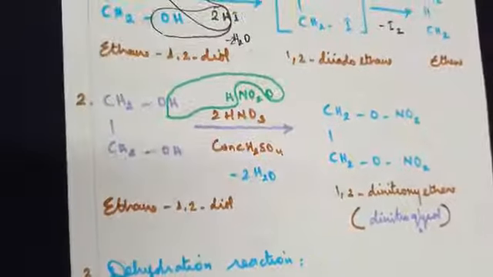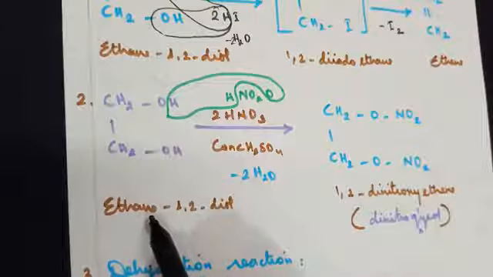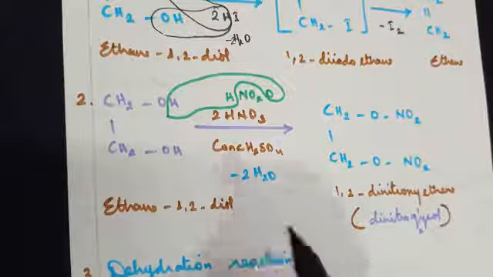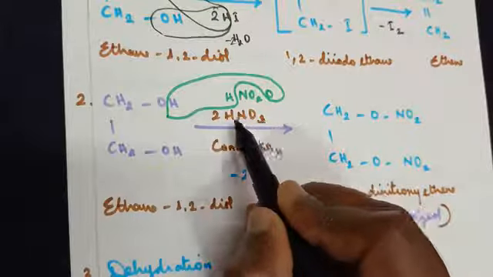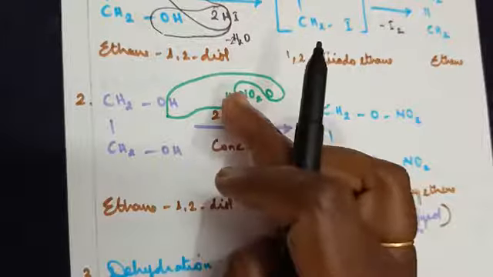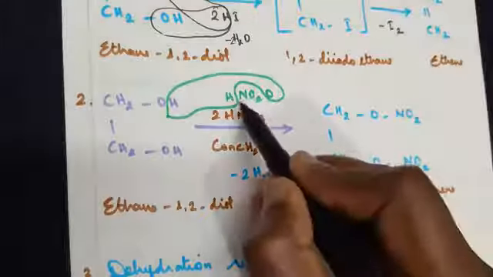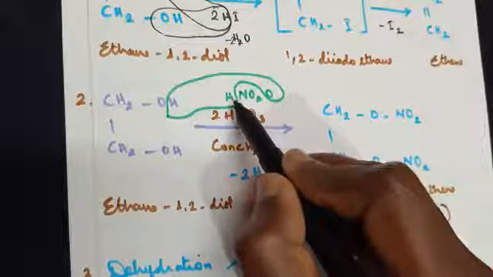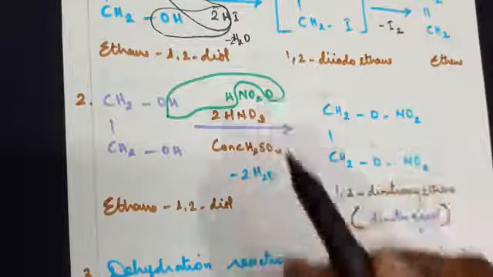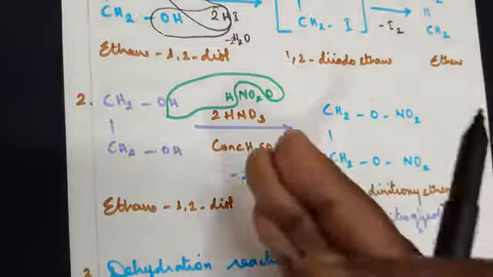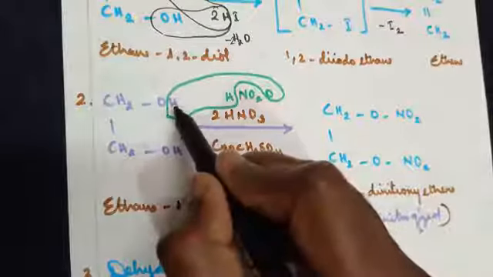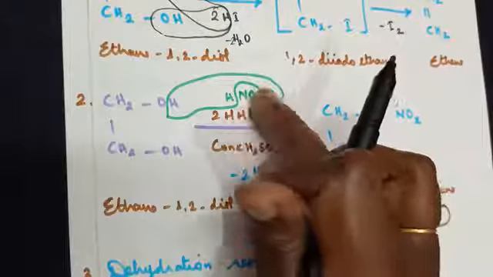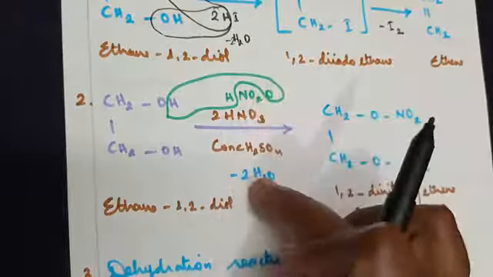The second chemical property: here again glycol or ethane 1,2 diol, when you treat it with two molecules of nitric acid, that is HNO3. To show the removal of the water molecule, I have purposely written it split as HNO2 and O. Here again water is lost, two water molecules go out.